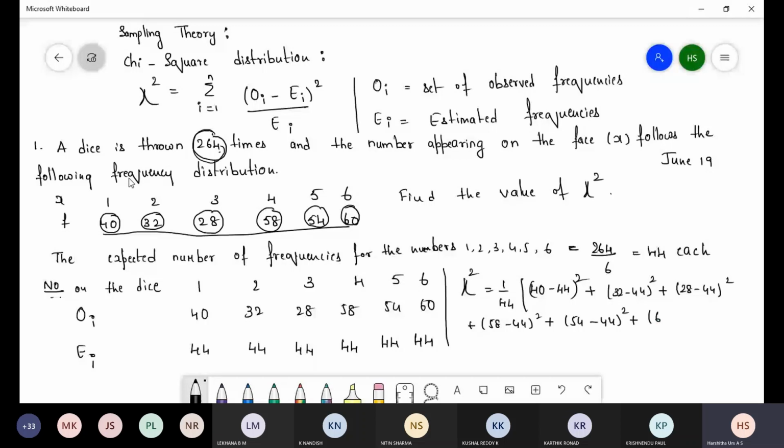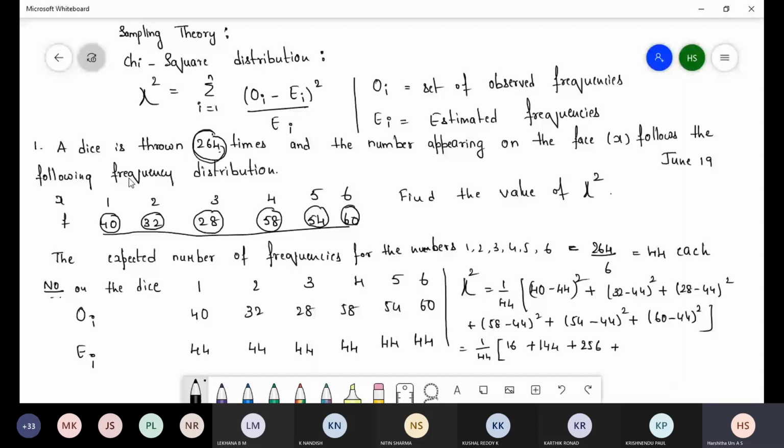So 1 by 44, open the bracket. 40 minus 44 is minus 4, minus 4 whole square is 16. 32 minus 44 is minus 12, whole square is 144. Plus 28 minus 44, that is minus 16, whole square is 256. 58 minus 44 is 14, whole square is 196. 54 minus 44 is 10, whole square is 100.